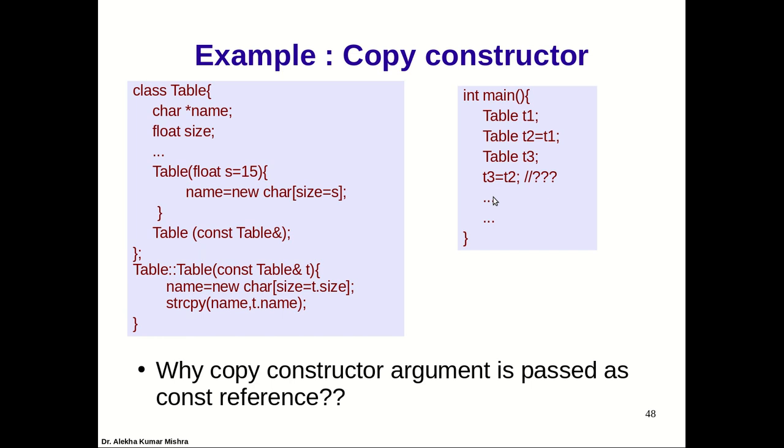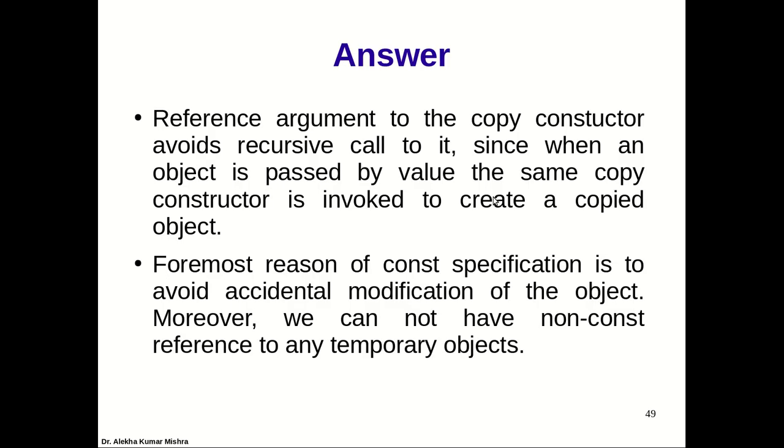Now let us answer this question: why is the copy constructor argument passed as a constant reference? A reference argument to the copy constructor avoids a recursive call to it, since when an object is passed by value, we know that a copy is created.